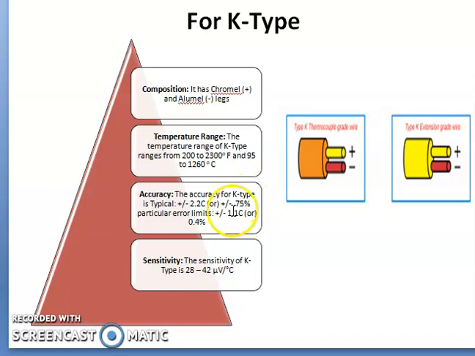And the accuracy of K-type is plus or minus 2.2 degrees Celsius, and the error limit is plus or minus 1.1 degrees Celsius. And the sensitivity of K-type is 28 to 42 microvolts per degree Celsius.